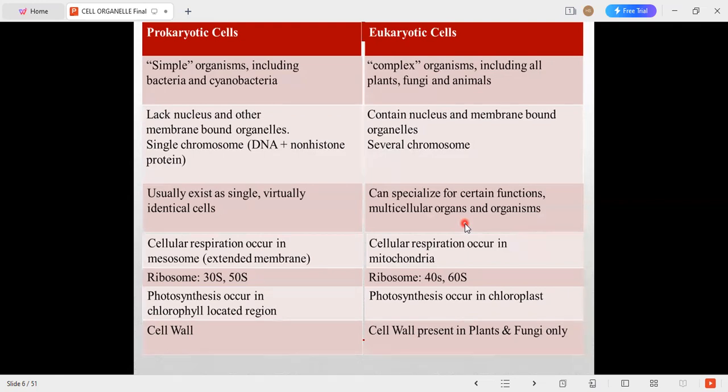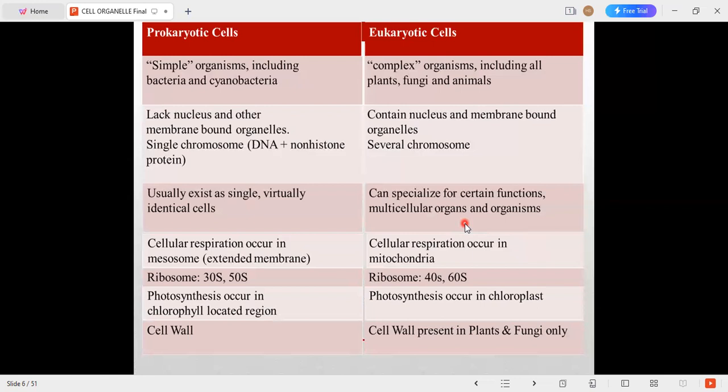Cellular respiration in a prokaryotic cell occurs in the mesosome. However, in eukaryotic cells, cellular respiration occurs in mitochondria. Ribosome is a very important organelle.